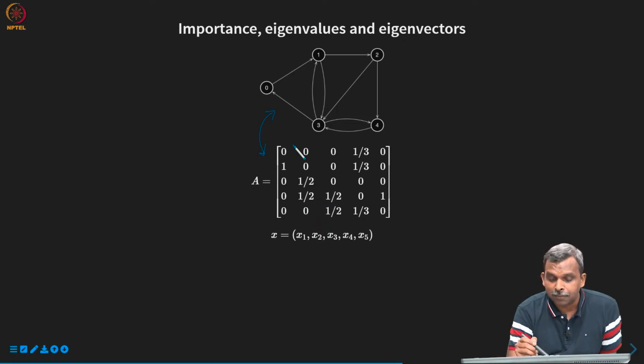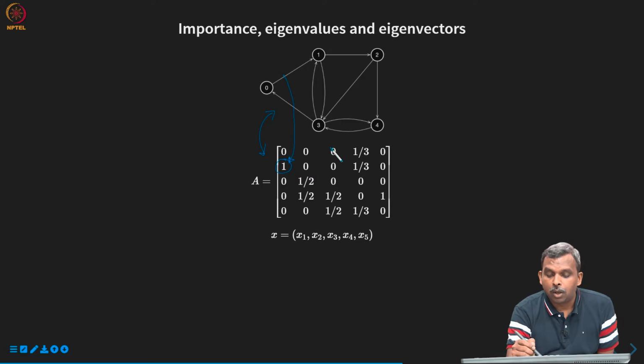What do I do here? The columns are representing each node, rows also represent each node. So you can see the first column, node 0. Node 0 has an outgoing link to node 1, and it is just 1 because there is only one outgoing link.